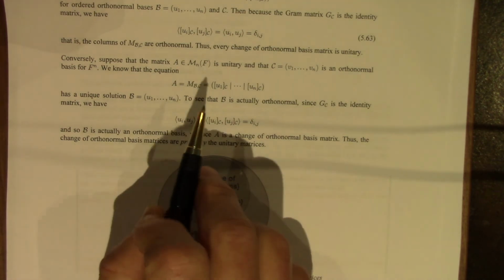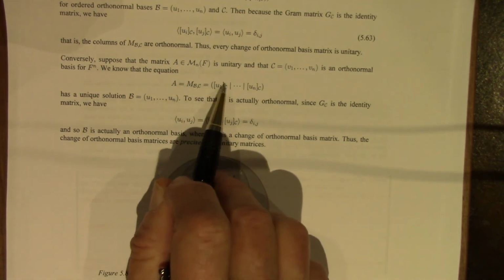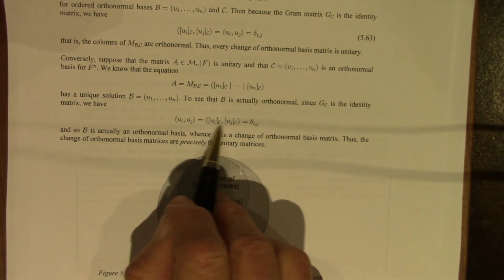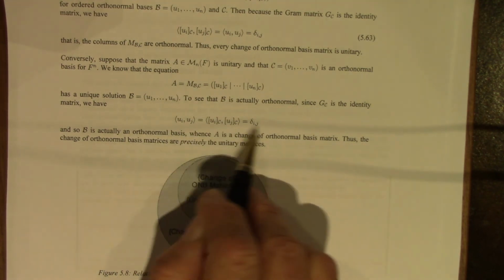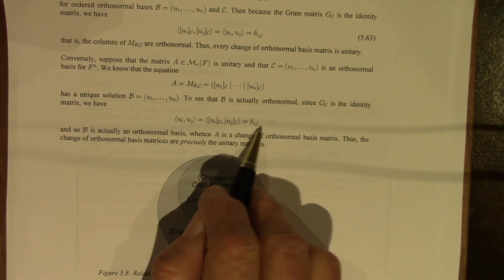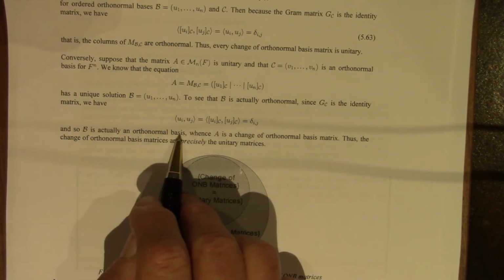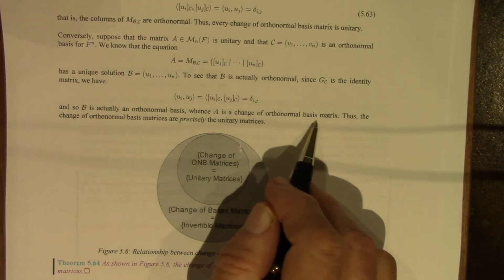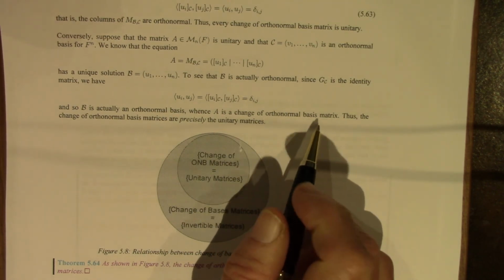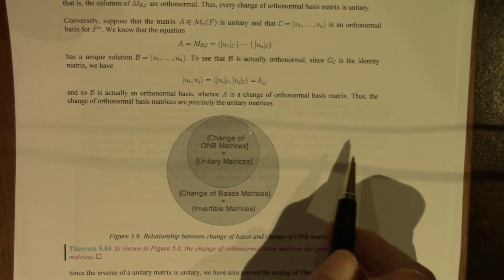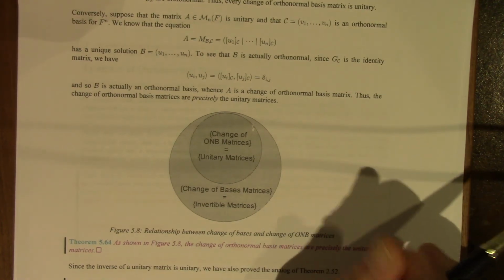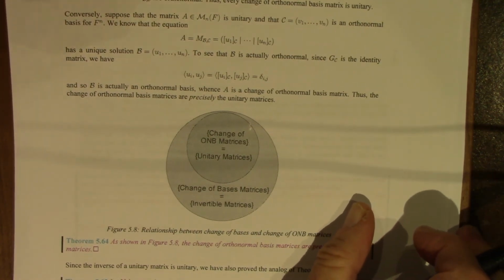And now, because A is unitary, these columns of A are orthonormal, so we get delta ij, and so the u vectors are orthonormal. B is an orthonormal basis, A is a change of orthonormal basis matrix, so we are done. The change of orthonormal basis matrices are precisely the unitary matrices.